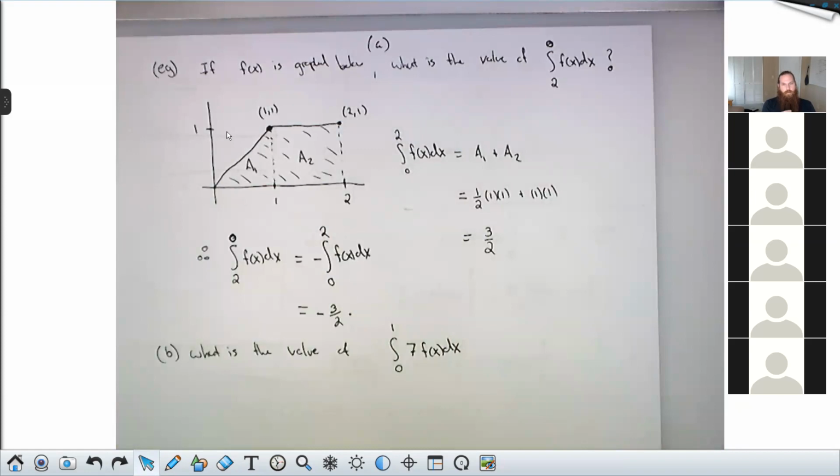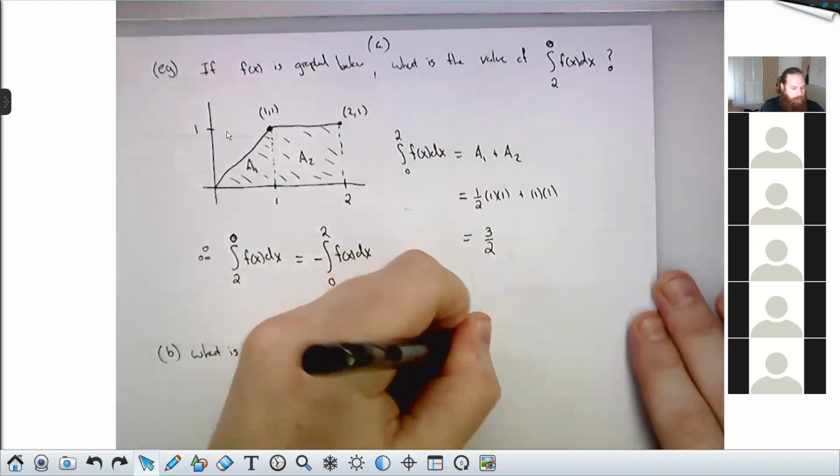Which property could I use here? Property 5. Right, yeah, constants pop out.